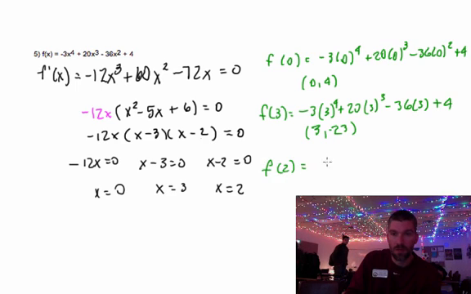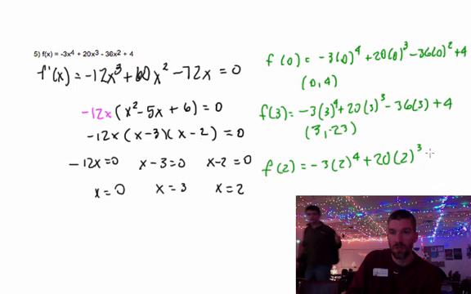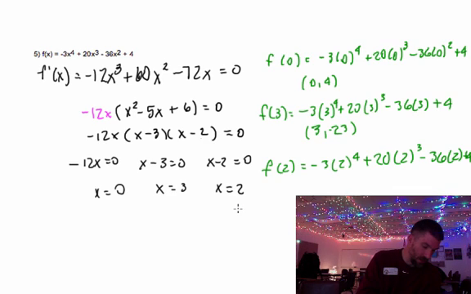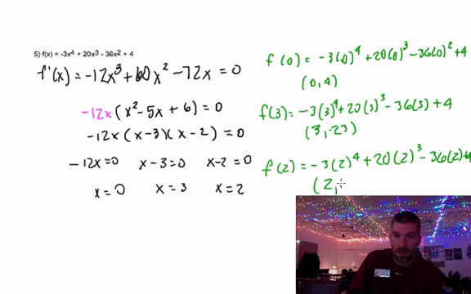F of 2 equals negative 3 times 2 to the 4th plus 20 times 2 cubed minus 36 times 2 plus 4. So go ahead and punch that guy into your calculator. And what you're going to get is the point 2, negative 28.